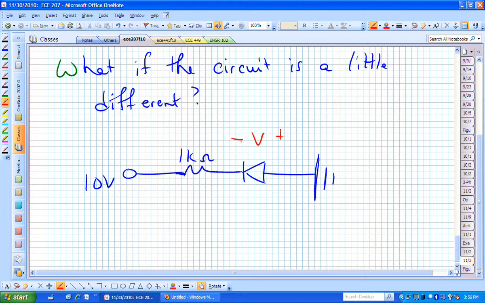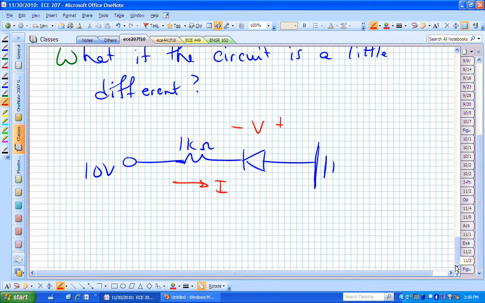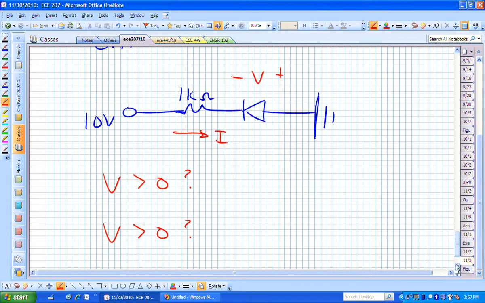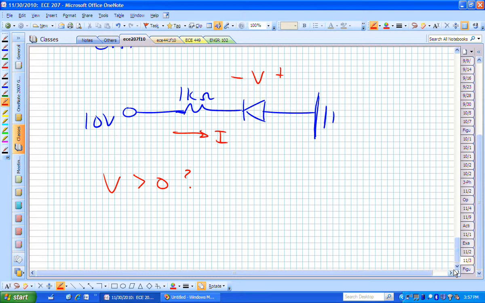So now we want to be asking ourselves, is it possible in this configuration for V to be positive? Or which way would you think that particular circuit is wanting to operate? If I said, analyze this circuit, what is there to analyze?